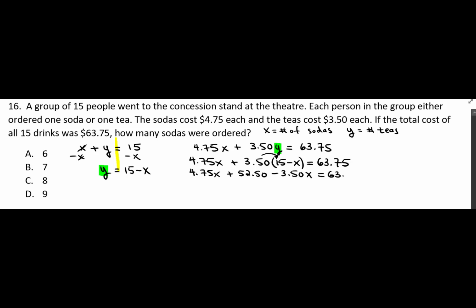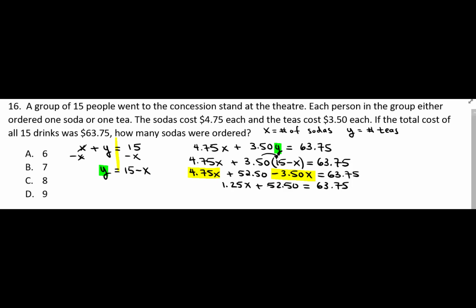We're going to combine like terms. 4.75 minus 3.50 is going to give us 1.25x, plus 52.50, is equal to 63.75.